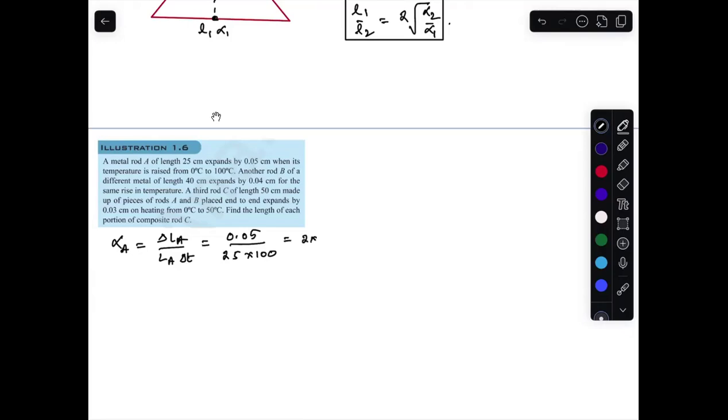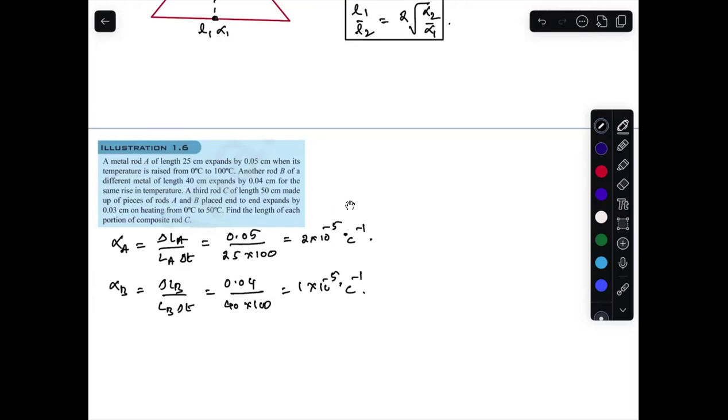I think it is 2 into 10 power minus 5 per degree centigrade. Agreed? Alpha B is delta L B by L B delta T, delta L B is 0.04 by 40, which is 1 into 10 power minus 5 per degree centigrade.